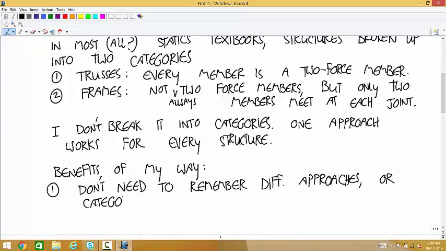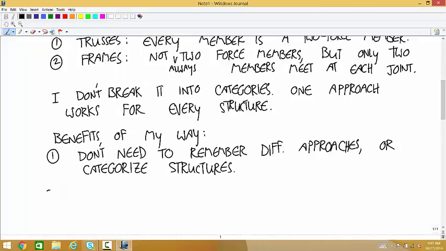If you just see a structure, you know how to go about it. And the second benefit is that there are structures that aren't trusses or frames. That's probably the bigger benefit.